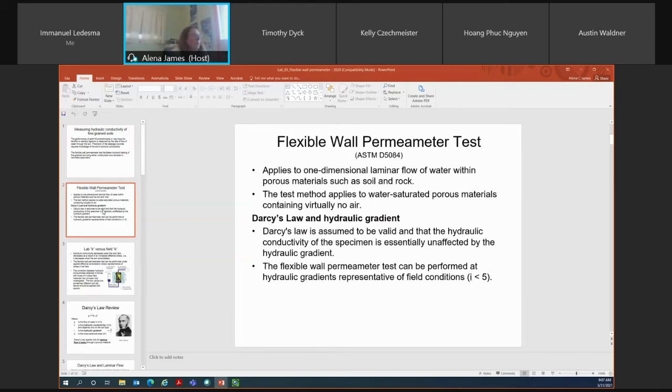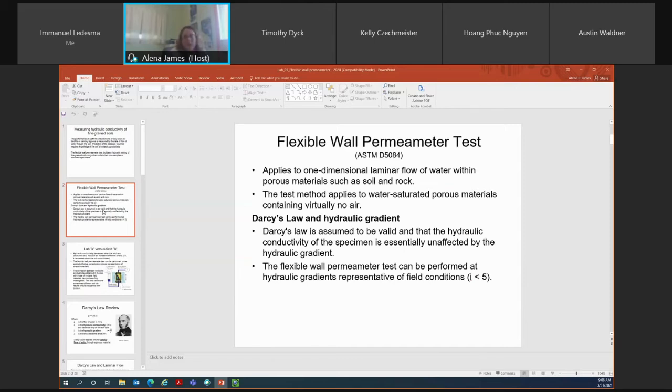Our flexible wall permeameter test applies to one-dimensional laminar flow within porous materials such as soil and rock. This test method only applies to material or a soil that is saturated.